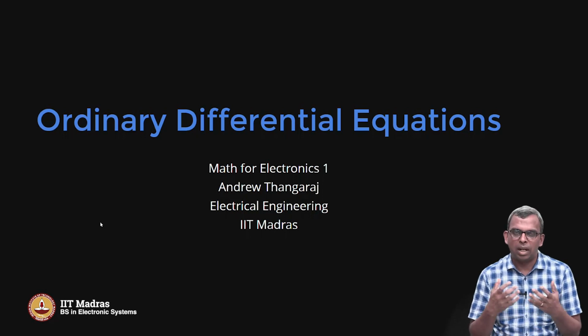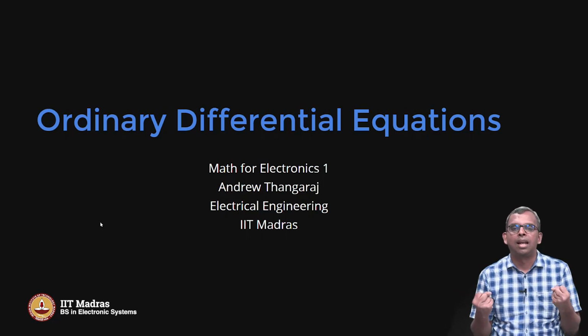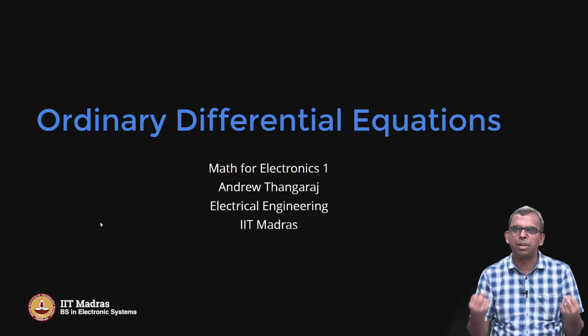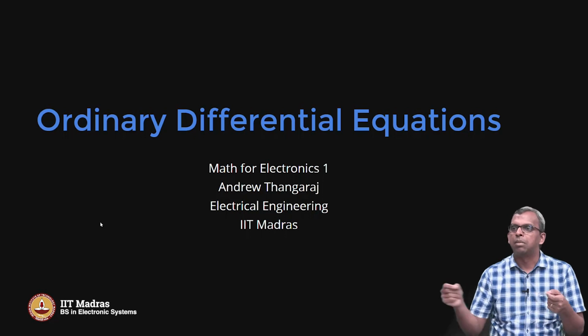Okay, so as we saw in the very beginning of this course, math is all about relationships between different variables. Initially we started with simple equations, algebraic equations, quadratic, linear equations, all of which express the relationship of one variable to another. But usually in engineering, science and physical systems, time is a variable, right?